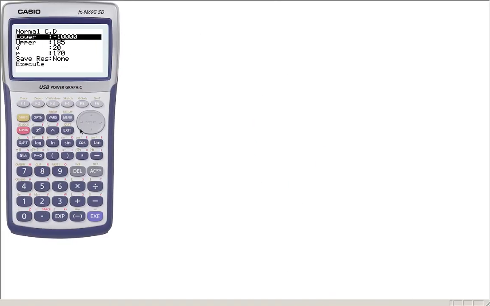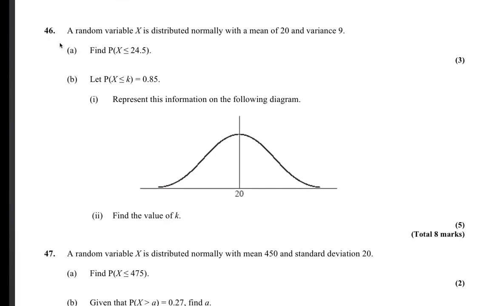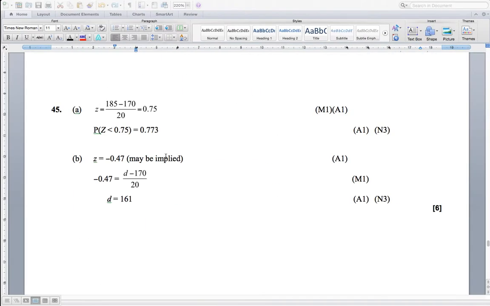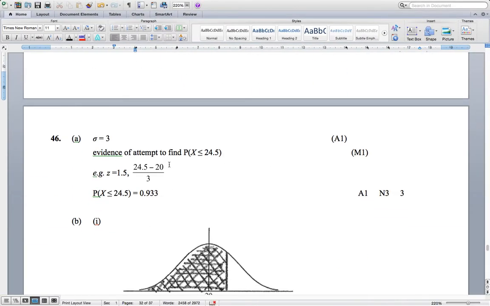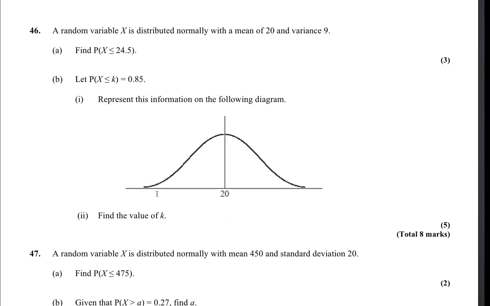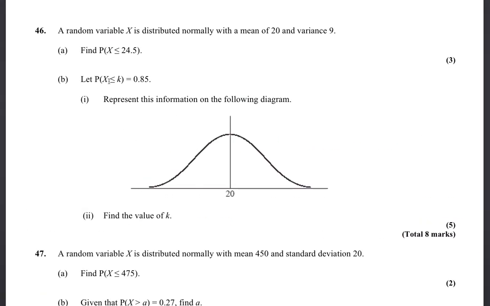So a lower limit is minus 10,000, upper limit is 24.5, sigma is 3, and mu is 20. So the answer is 0.933. So 46A, 0.933. Okay. Let P of x less than or equal to k equal to 0.85.